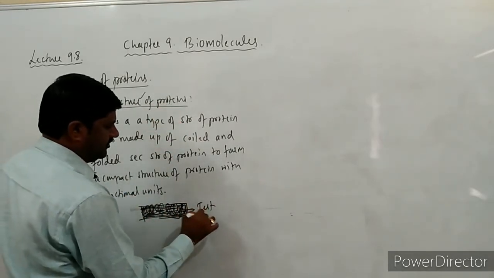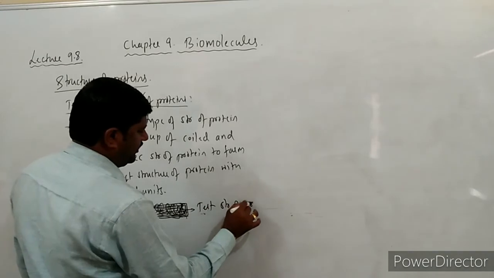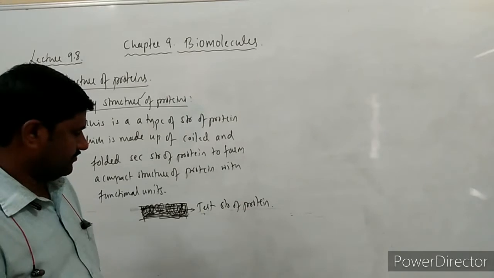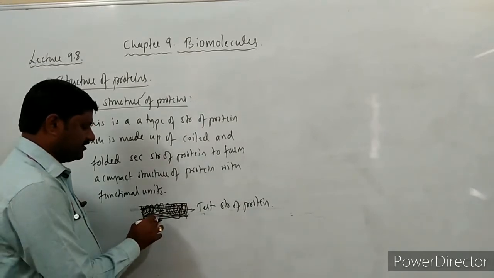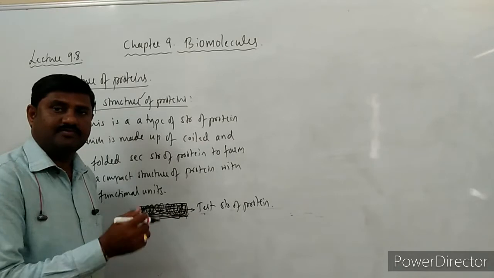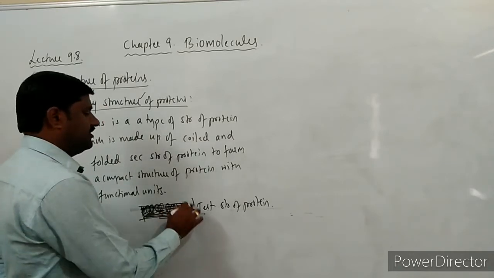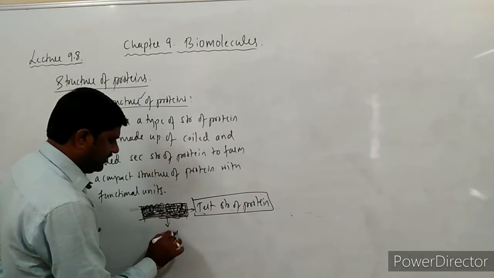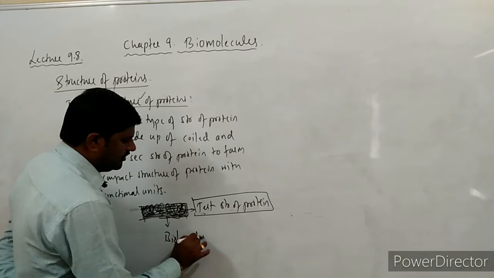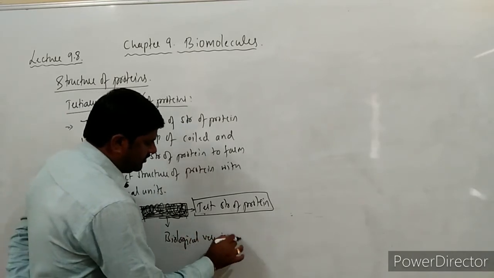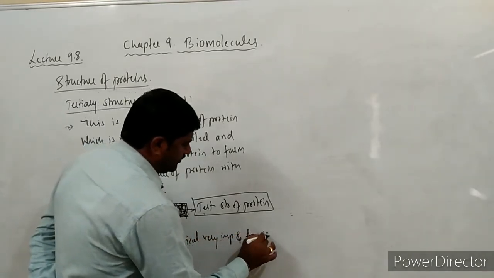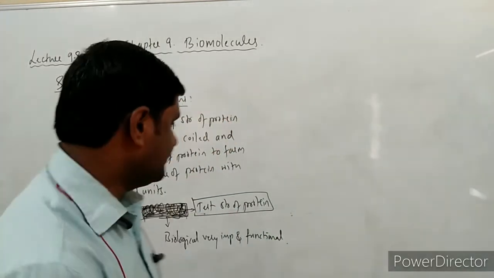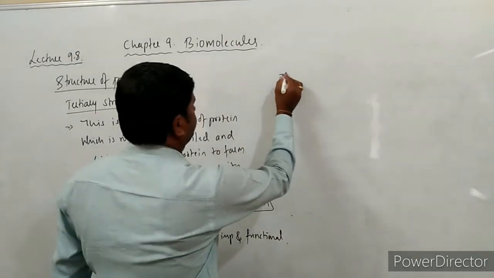All the biological activities, all the biological functions that go on with the help of proteins, are done by the tertiary structure of protein only. So this is biologically very important, and it is a functional protein, right? This is a more important point to be noted.